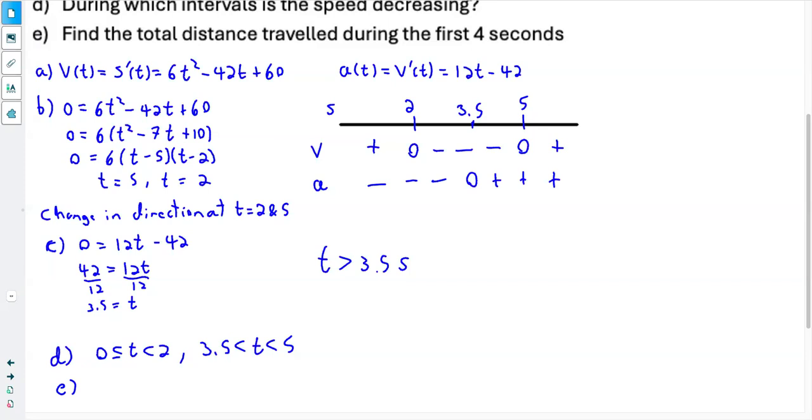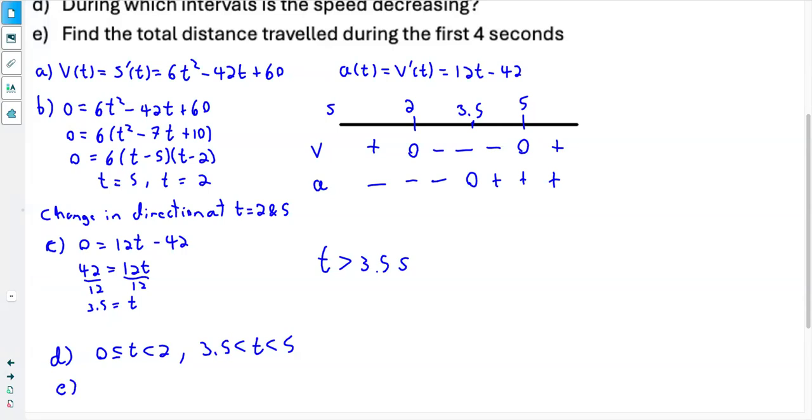Now, E is our total distance traveled. So our distance traveled isn't the same as what is our change in displacement.